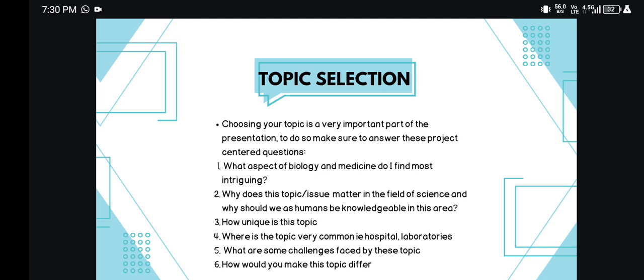And if you have the thought of doing a combined one, because let's say you have interest in both respiratory and digestive, you could actually do a combined research presentation on those two. So having multiple isn't actually a bad thing, but I still advise you to focus on one. Find what you find most intriguing.